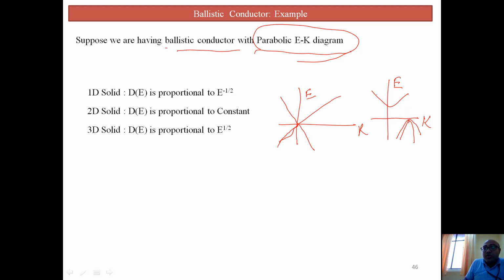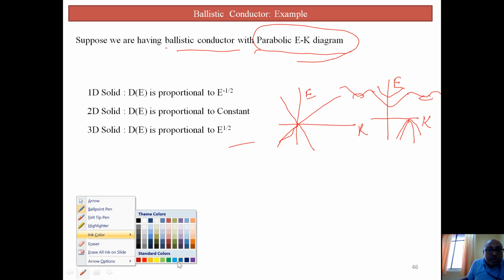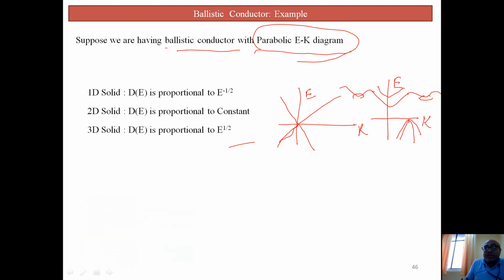But we don't bother about other bands or complicated bands like that. We really bother about what is happening here, because in the electrical regime we are really bothered about this portion and this portion, that is enough.